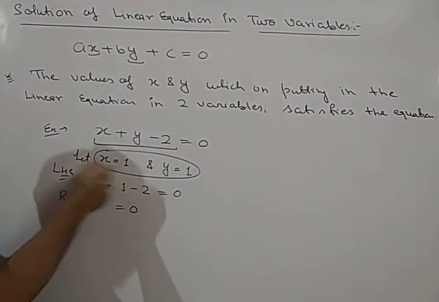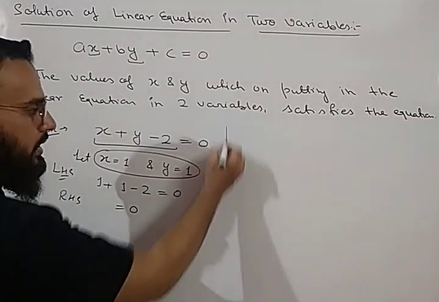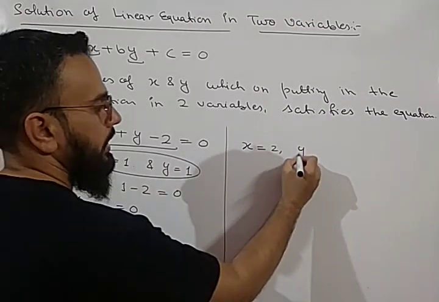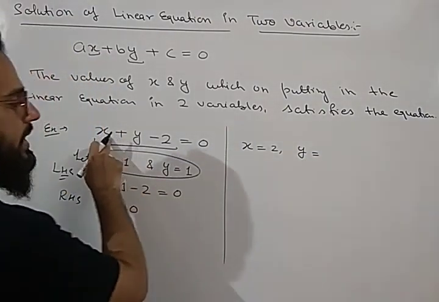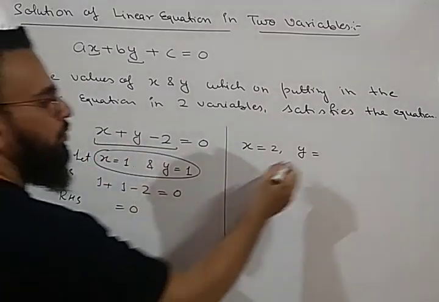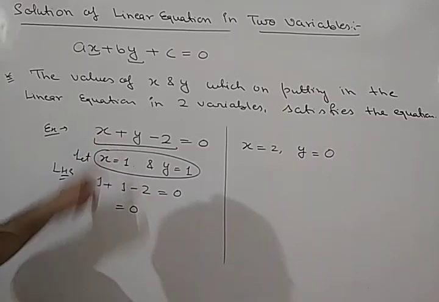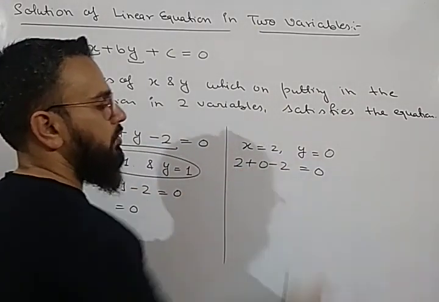So this was just an example. We have taken x equal to 1 and y equal to 1. Similarly, in the same equation, we can also take x is equal to 2, and what can be taken as y? If we take x is equal to 2, then y will be equal to 0. You can check it: 2 plus 0 minus 2 is equal to 0.